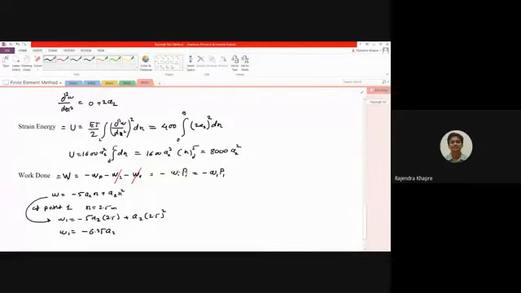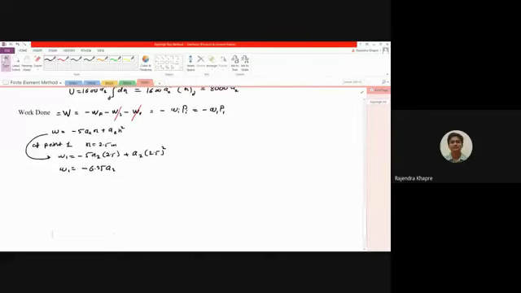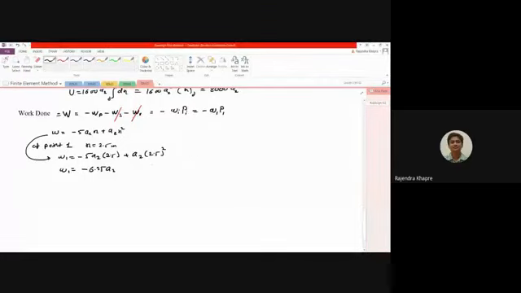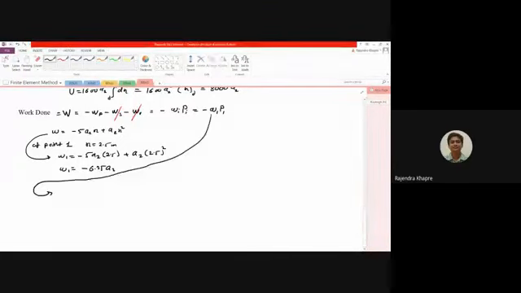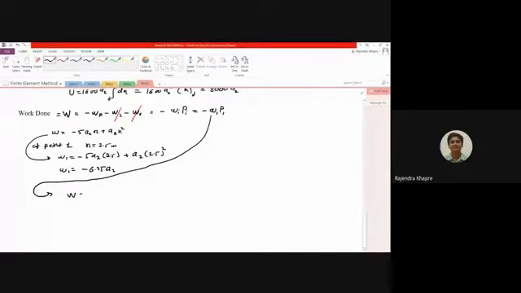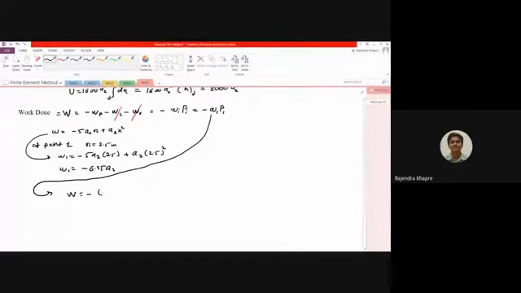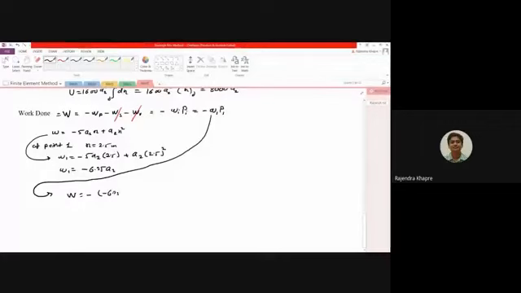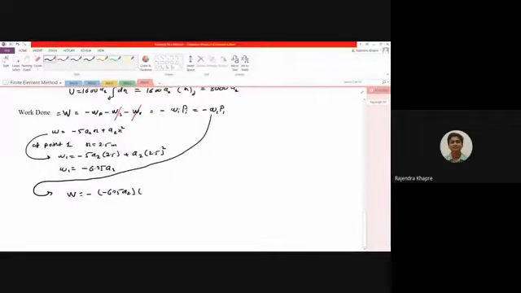Now let us substitute the value in the work done expression. Here this is our work done expression, and I am going to substitute these values. Your work done is nothing but minus 6.25 times A2 and the load.